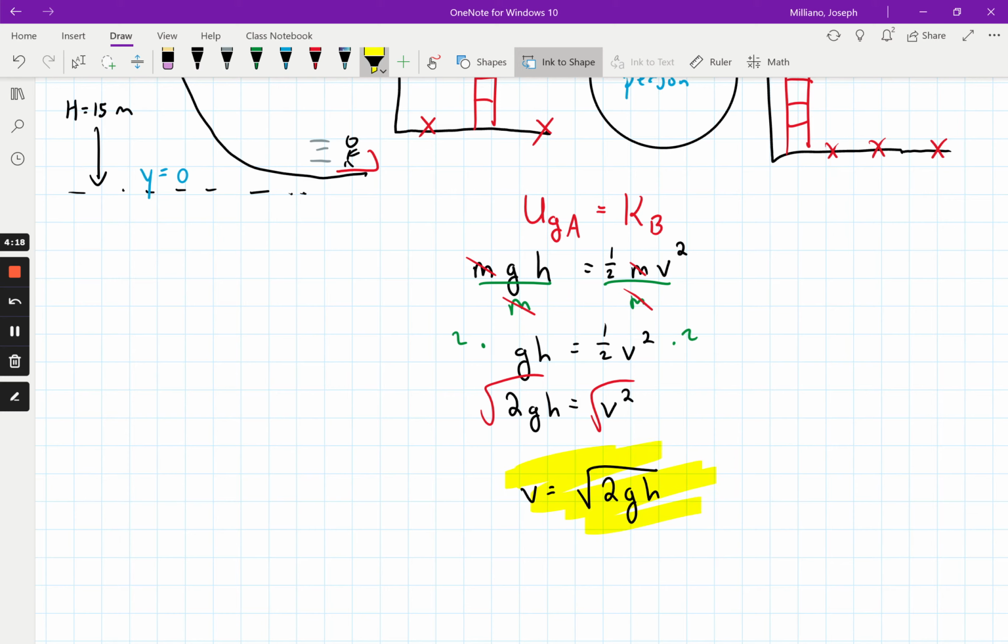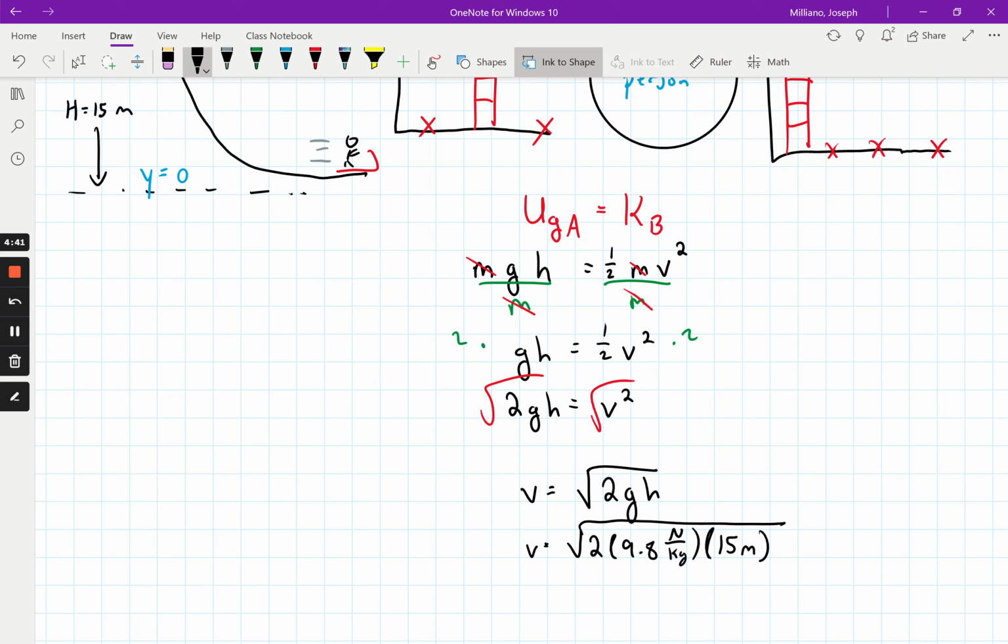This has what I'm looking for, speed, written in terms of what's measured, h, and the gravitational field. So we can go ahead and compute the speed. For this particular problem, g is 9.8 newtons per kilogram. H is 15 meters.